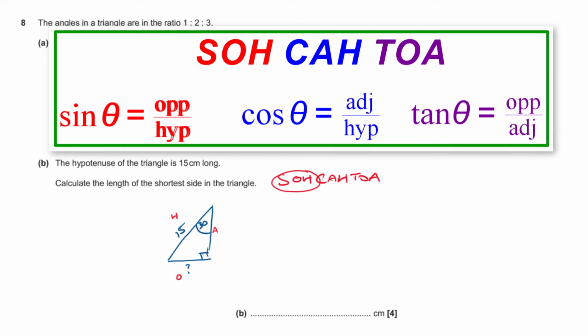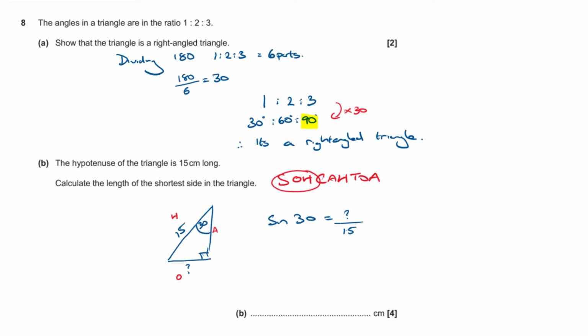Sine is equal to opposite over hypotenuse. So the sine of 30 is equal to the opposite, that's the one we want to find, divided by the hypotenuse, which is 15. So what we're looking for then is going to be 15 lots of sine 30.